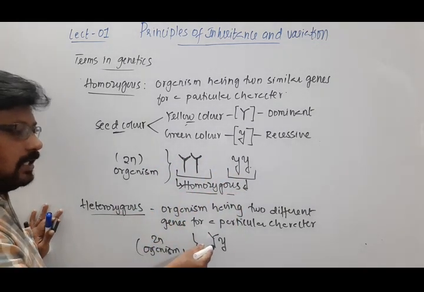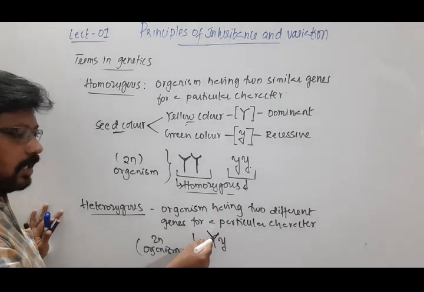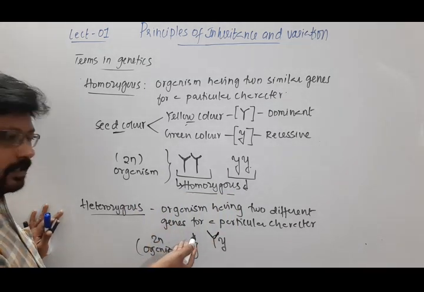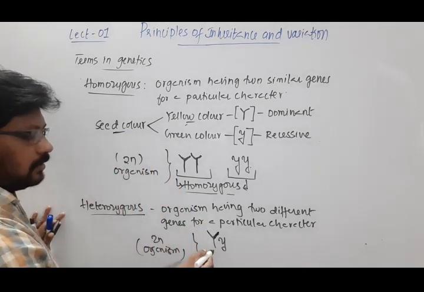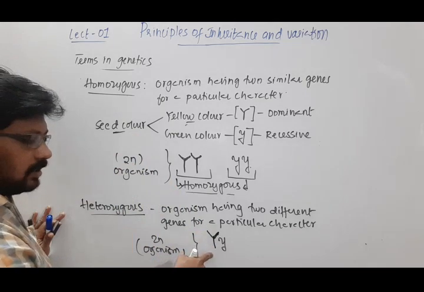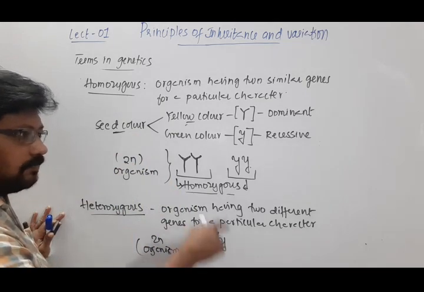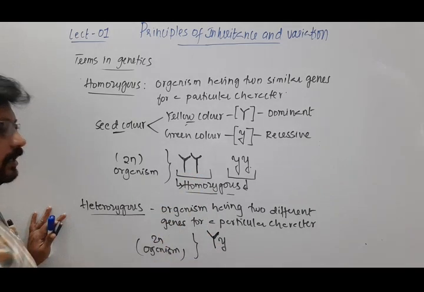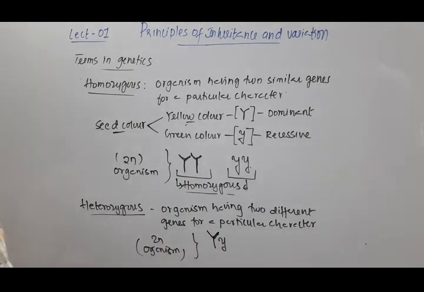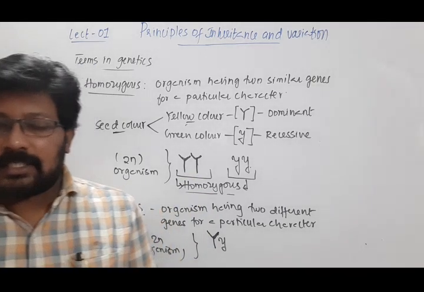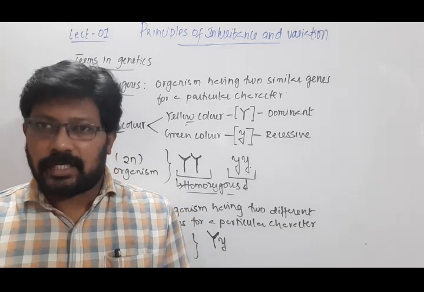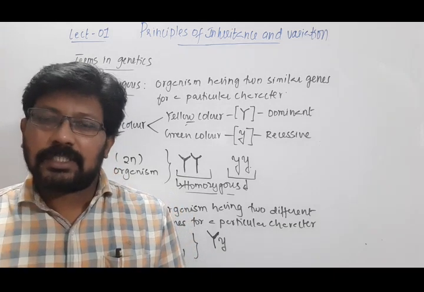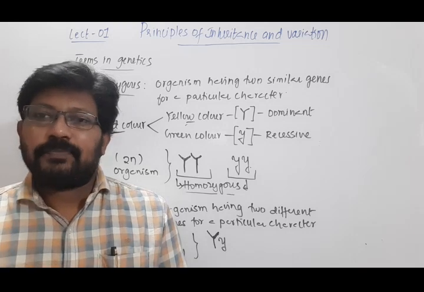But in a plant, here we have taken the case of a plant, if it has a dominant gene and also a recessive gene for that character, then the condition becomes heterozygous. Don't think that an organism will have all homozygous or all heterozygous. That is not the situation.